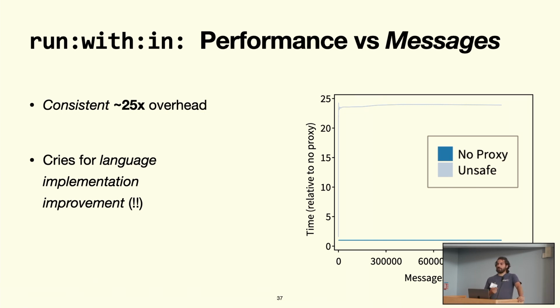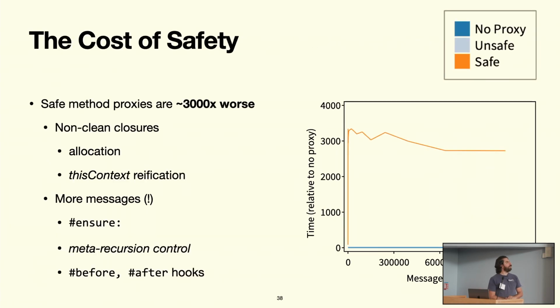Now I know how bad the unsafe version is. So the question we could ask ourselves is how bad is the safe version, the safe version that manages all the other mess? If I plot that, of course I didn't do any optimizations here, and again I am plotting against the number of messages, we see again a kind of trend.